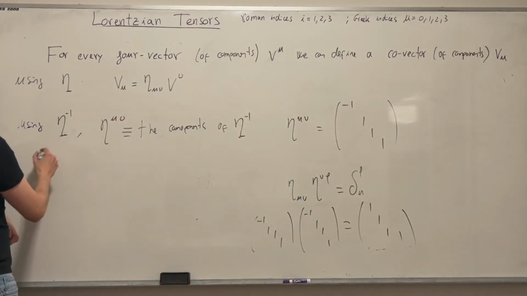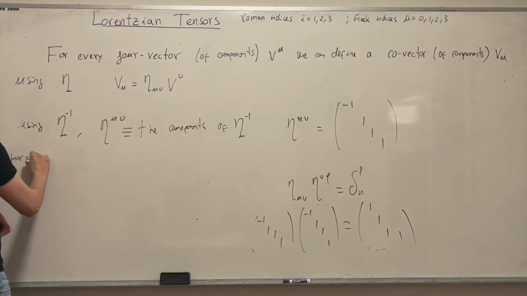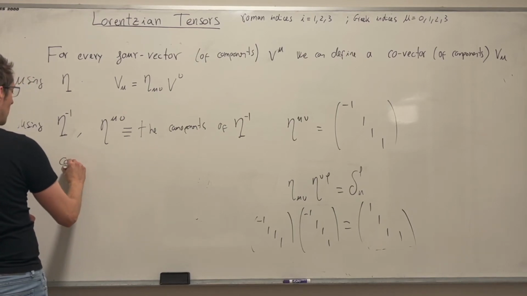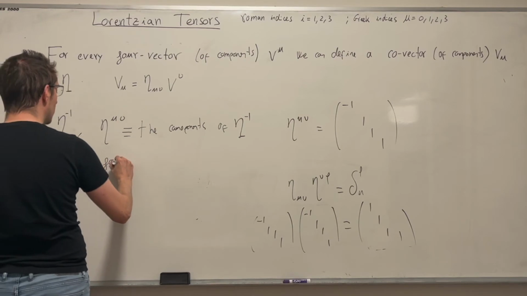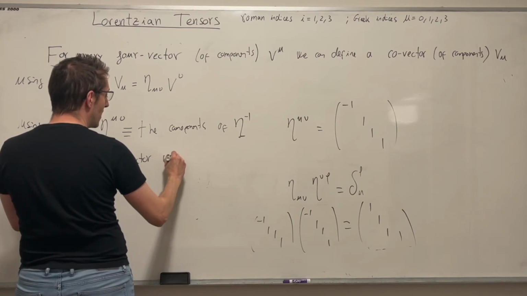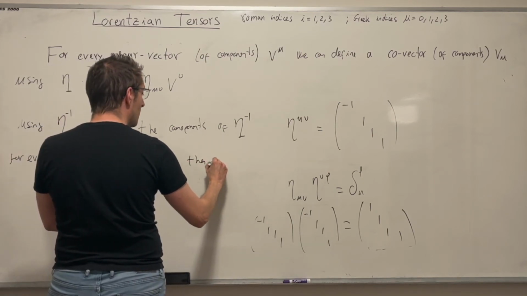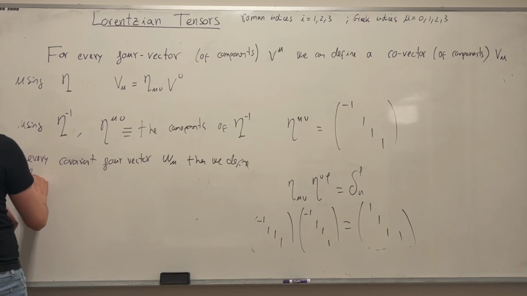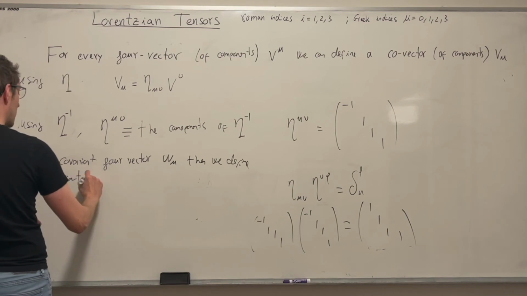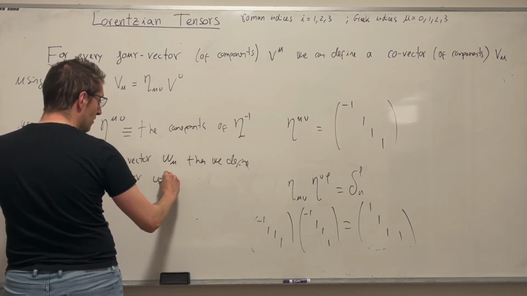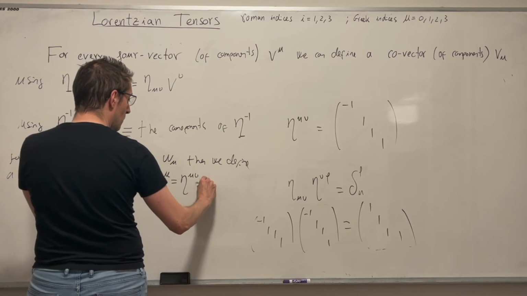can do the opposite. We can define, for every covector, or covariant four-vector, let me just write it properly, covariant four-vector, let's call it omega sub mu, then we define a contravariant four-vector that is going to be omega super mu equals eta mu nu omega nu.